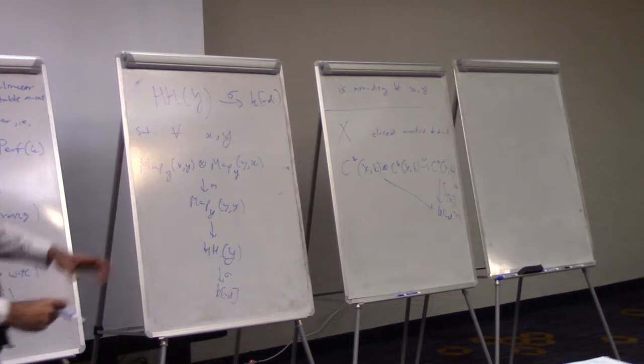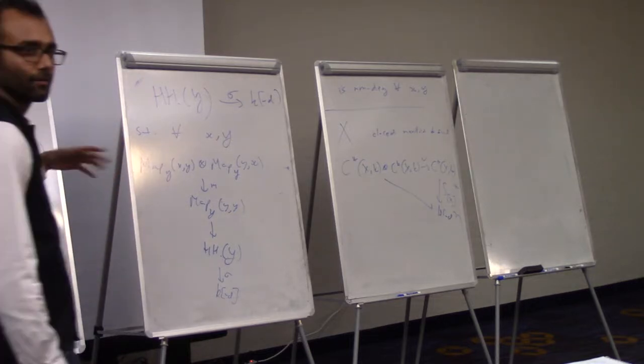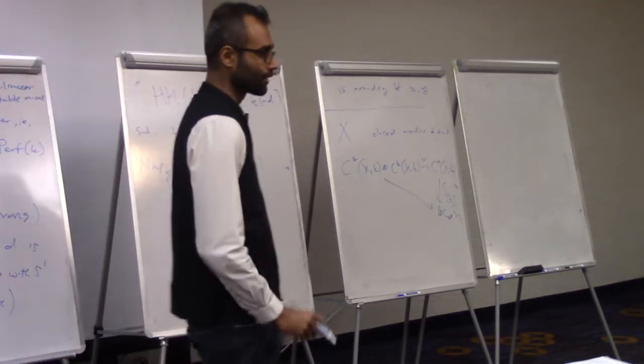In fact, more precisely, it will translate into the statement that the derived category of local systems on X is a Calabi-Yau category in this sense.